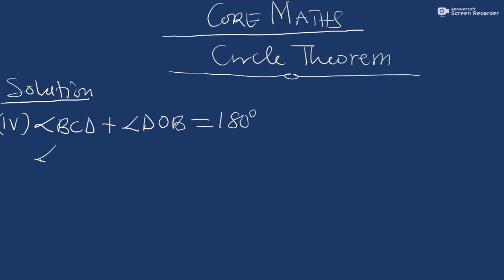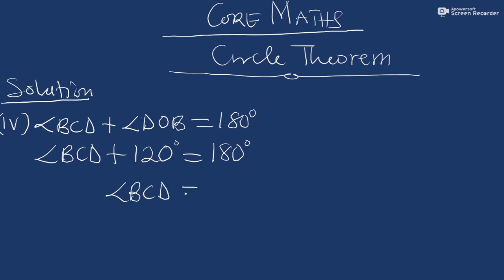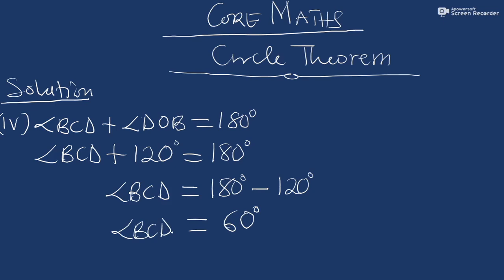So substituting, we have angle BCD plus 120 degrees, because this one in the question was 120 degrees, equals 180 degrees. So angle BCD is equal to 180 degrees minus 120 degrees. And when we subtract, we'll get 60 degrees. So angle BCD is 60 degrees.